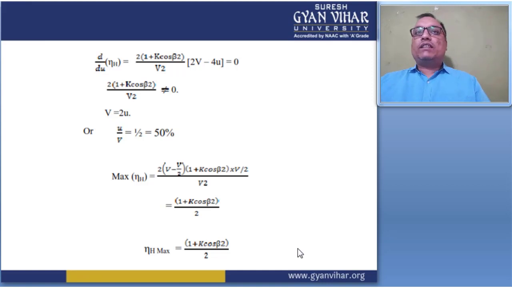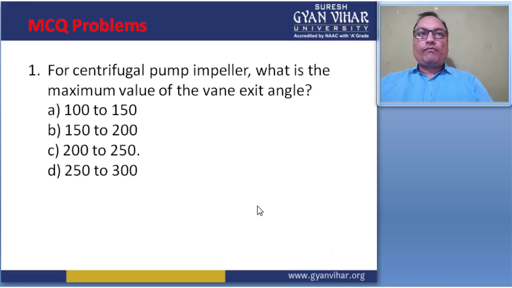This section is related to the MCQ problems. For centrifugal pump, this is the first MCQ question: for a centrifugal pump impeller, what is the maximum value of the vane exit angle?